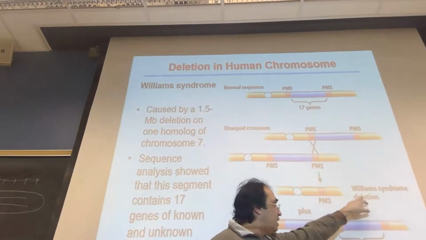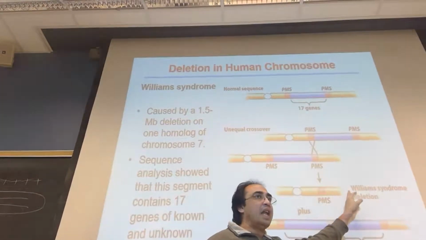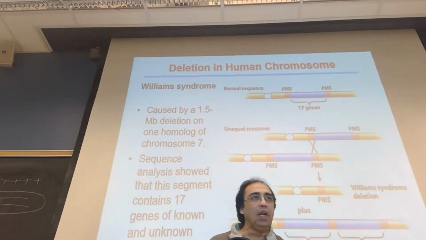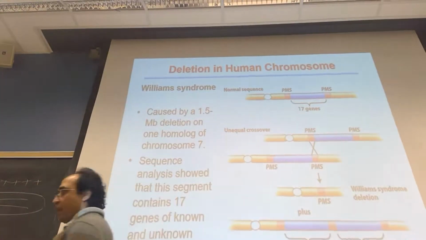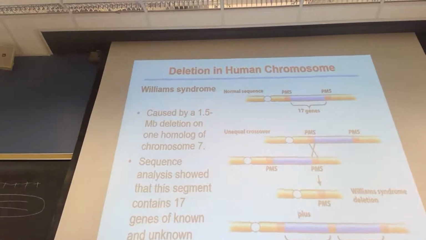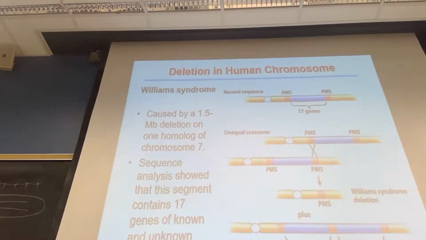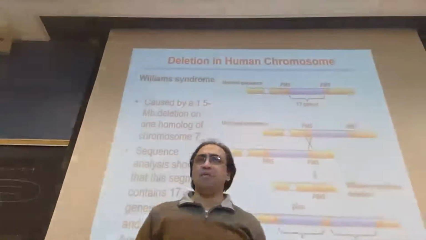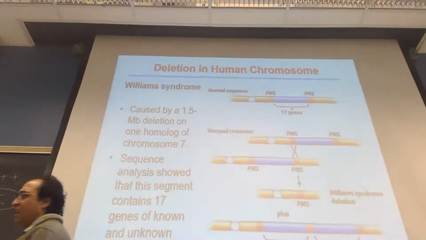This deleted chromosome, if it is in the gamete and goes to the offspring, could create Williams syndrome. Generally the same things appear: mental retardation, certain kinds of face patterns and other things. In most cases, they are sterile.